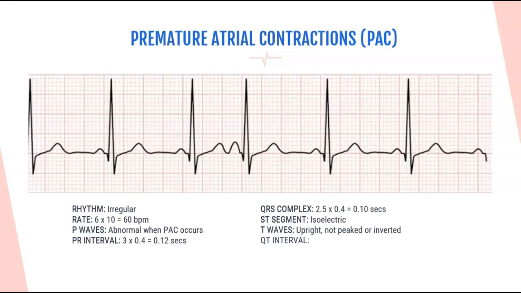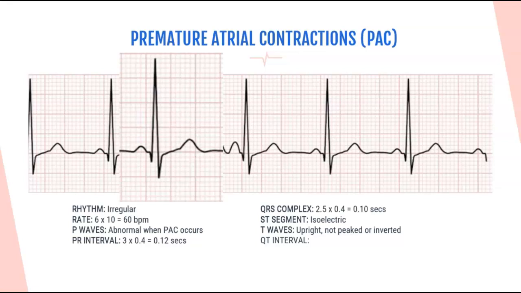They are not peaked or inverted throughout the entire strip. And our QT interval is about 11 small squares. If you multiply that by 0.04, it gives you 0.44 seconds. Our interpretation of this strip would be normal sinus rhythm with PAC.